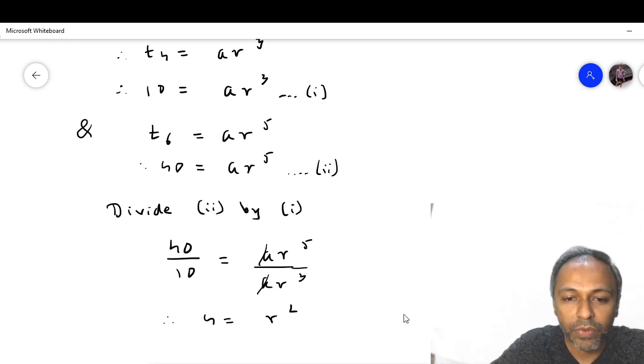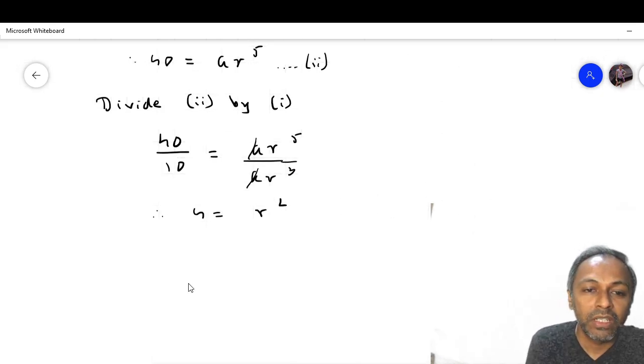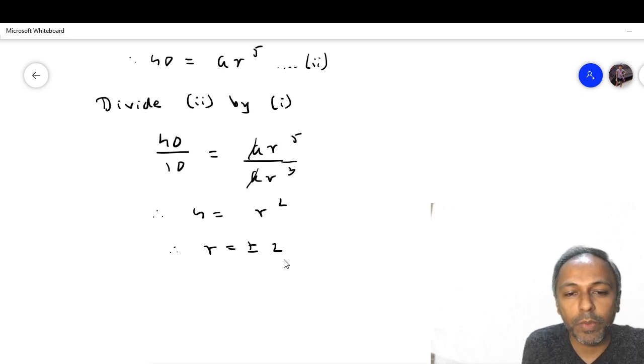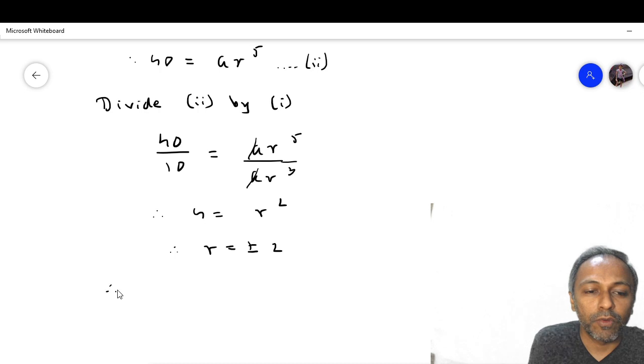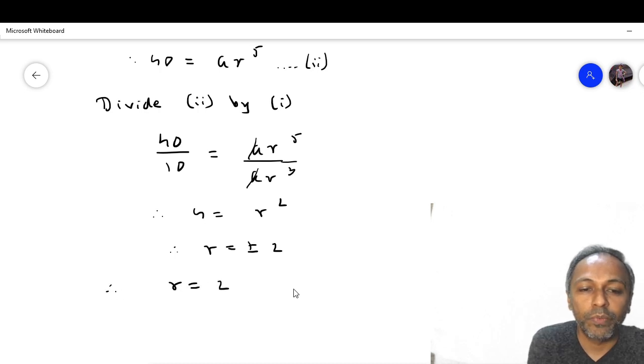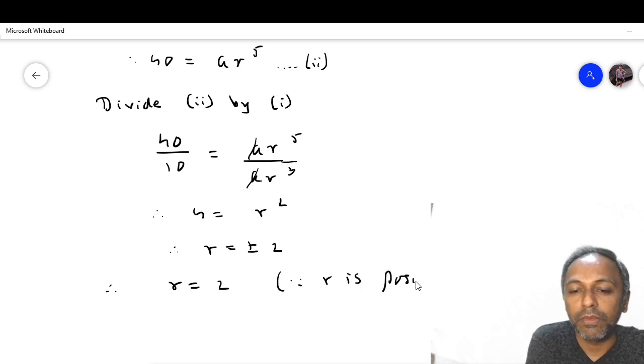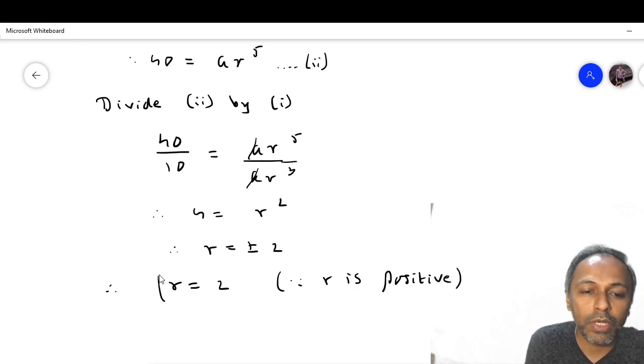This will remain as R raised to 5 minus 3, R square. Do not forget to take both roots. Therefore answer is plus or minus 2. Therefore R is equal to 2 since R is positive. That is what they have said, common ratio is positive, and this also happens to be one of our answers.